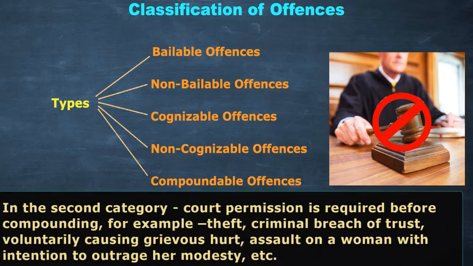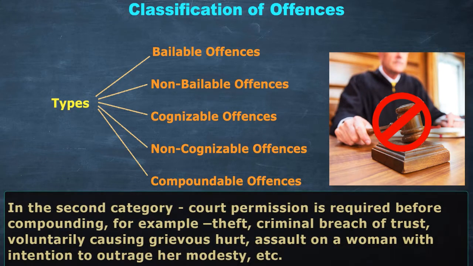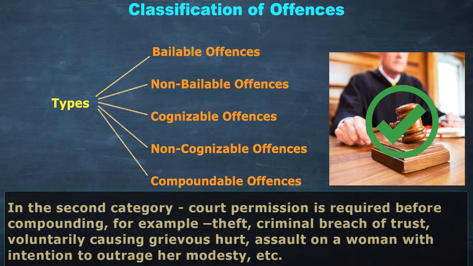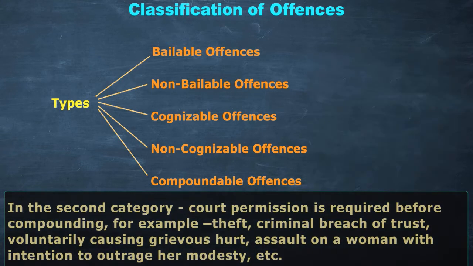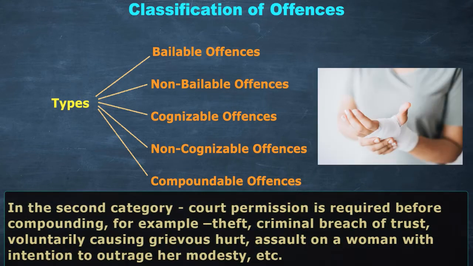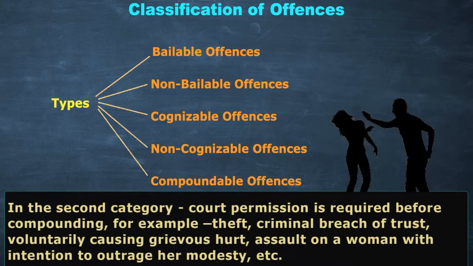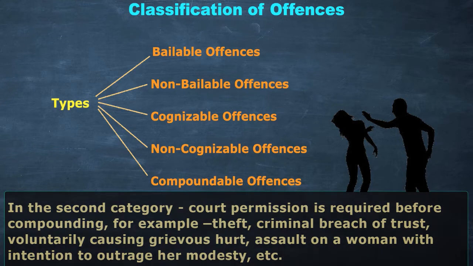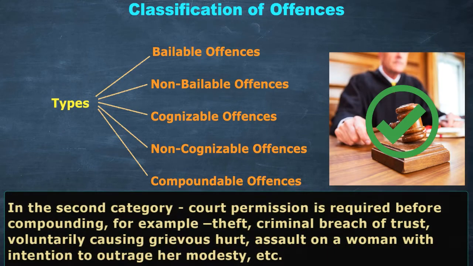But in the second category, court permission is required before compounding. For example, theft, criminal breach of trust, voluntarily causing grievous hurt, assault on a woman with intention to outrage her modesty, etc. So these are of course minor crimes, but to resolve or compromise them, court permission is essentially required.